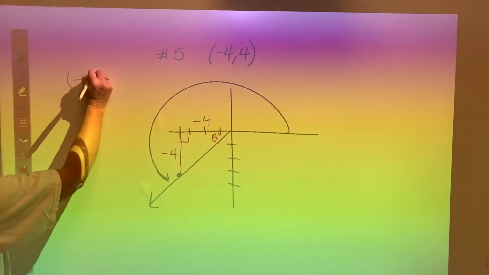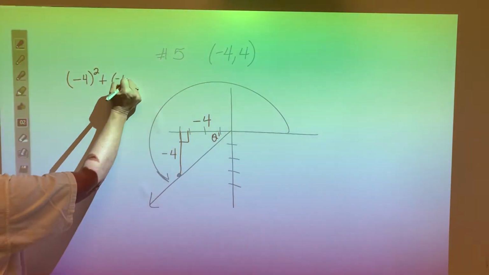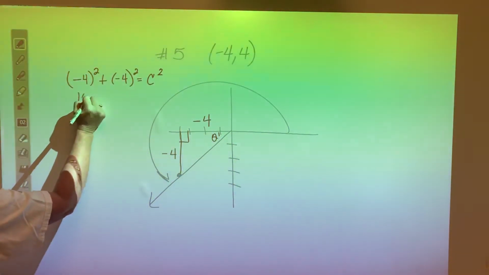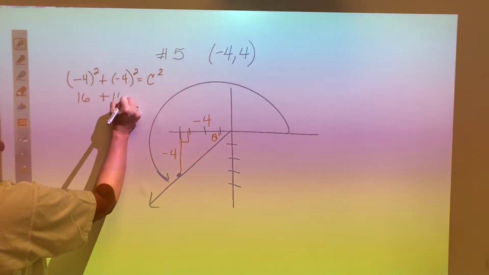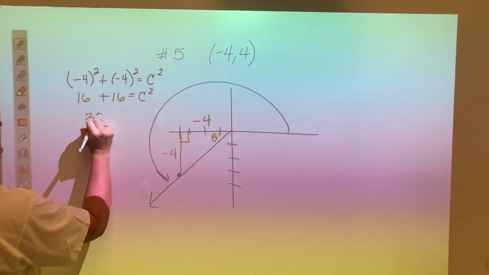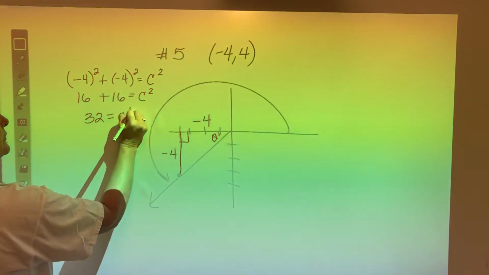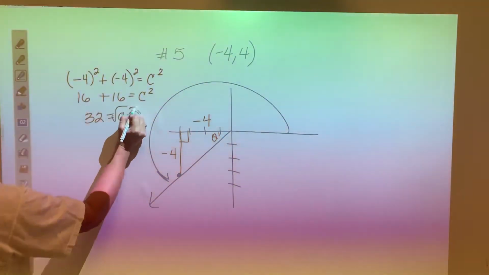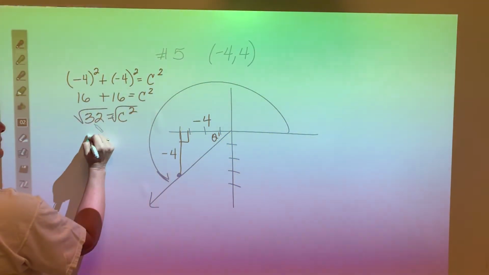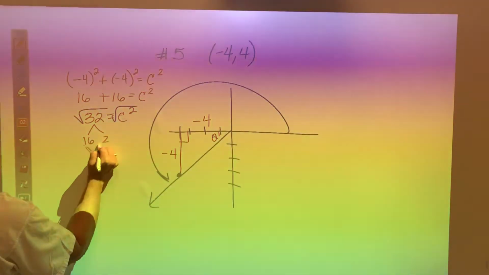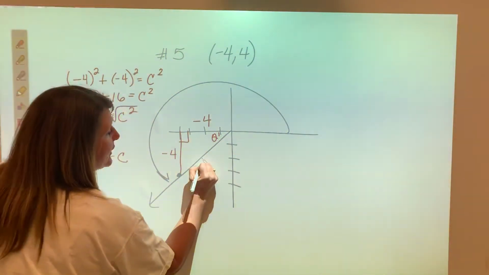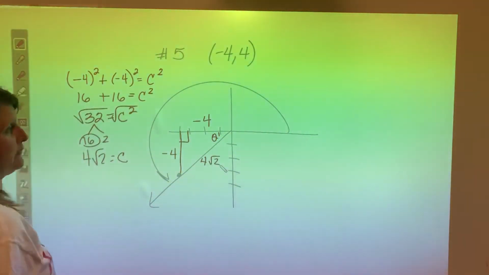So a squared plus b squared equals c squared. So that's 16 plus 16 equals c squared. 16 and 16 is 32. So you take the square root of that. So that turns out to be 4 on the square root of 2. So this guy right here is 4 on the square root of 2 as the length.